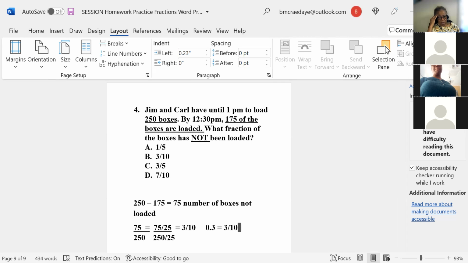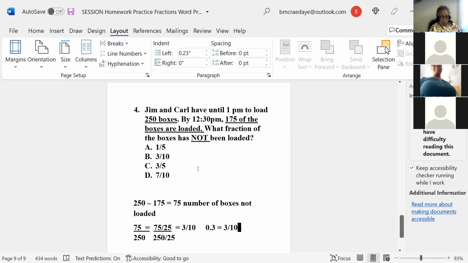They asked what fraction of the boxes has not been loaded. I had 7/10, which is the fraction that has been loaded. I had 3/10, but I didn't send it because I figured it was wrong.